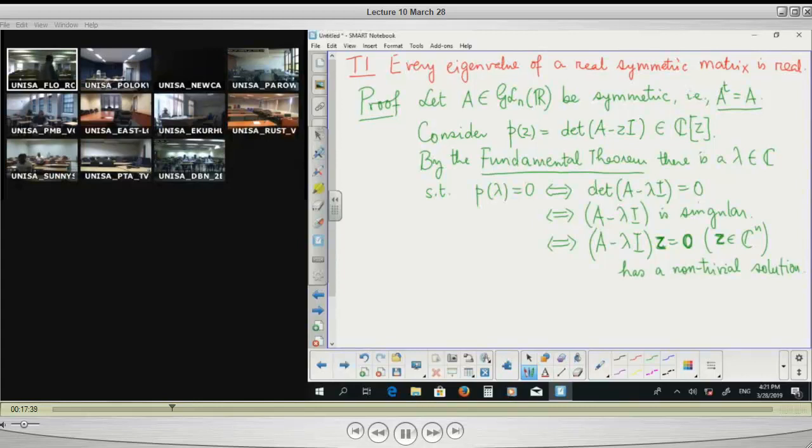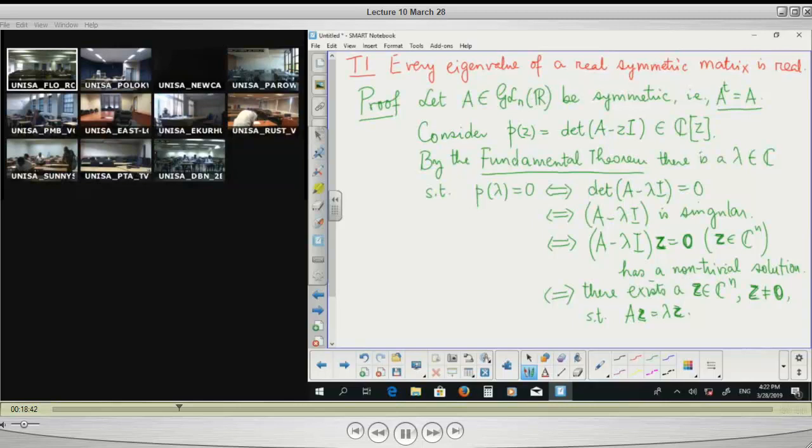So it is equivalent to say that there exists Z, an n-tuple of complex numbers, not all 0, such that Az is equal to lambda Z. Okay? Clear?